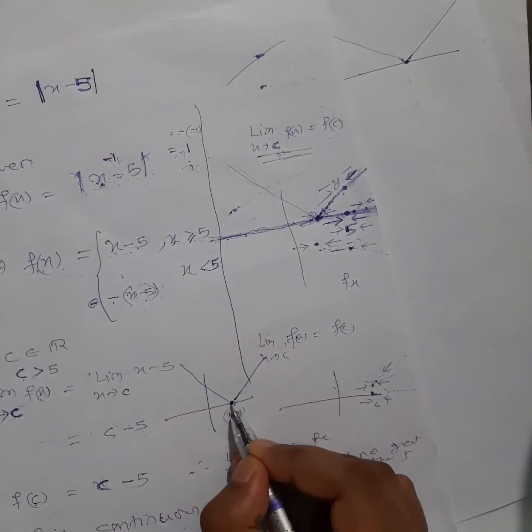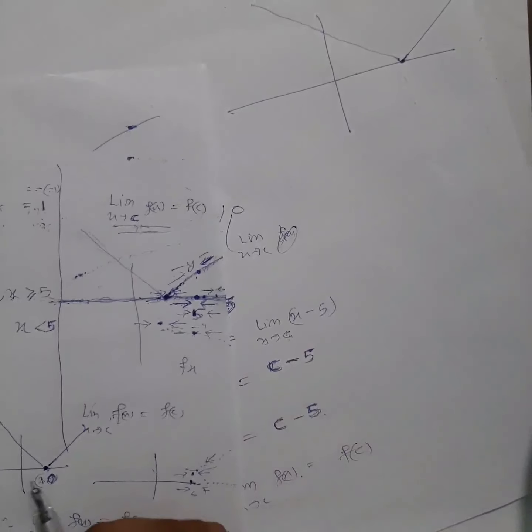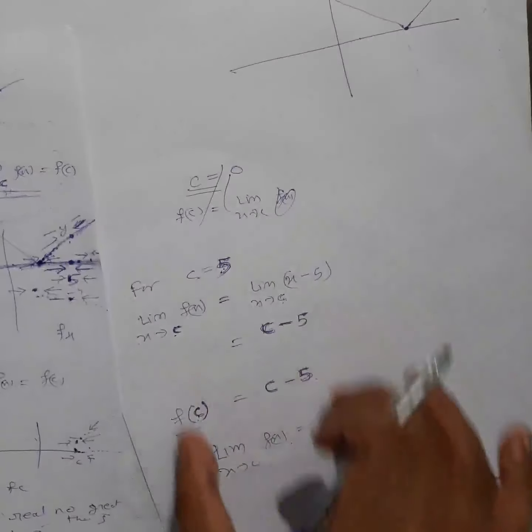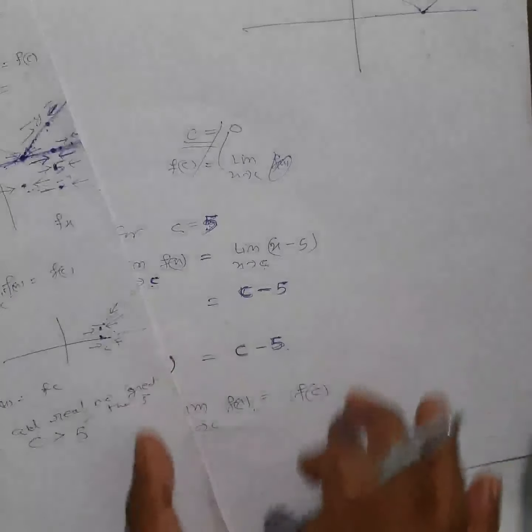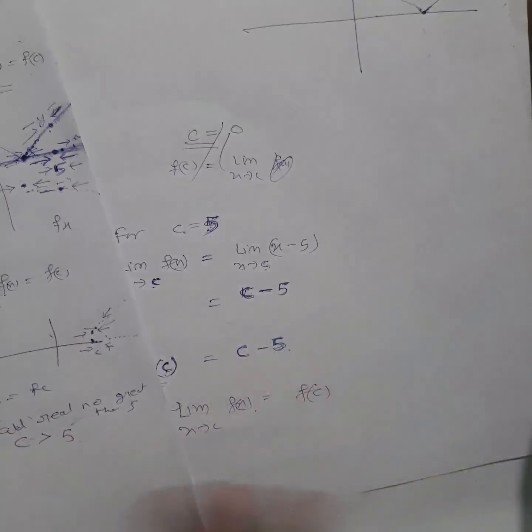When you take x as 5, the y value must be this one. So when you take x as 5, you will get 0, so the point will be there, so it will touch this point also and it will become continuous. This is the meaning. I have written this in general form. So try to analyze whatever I have explained yourself, and see if you understood or not. If not, then tell me. I will try this again in a different method.